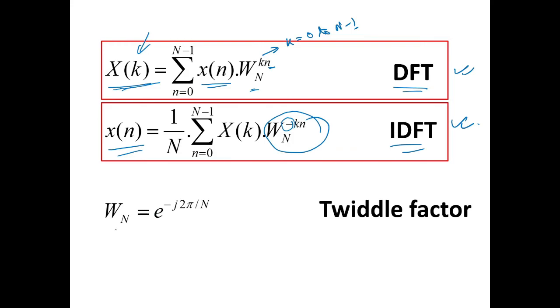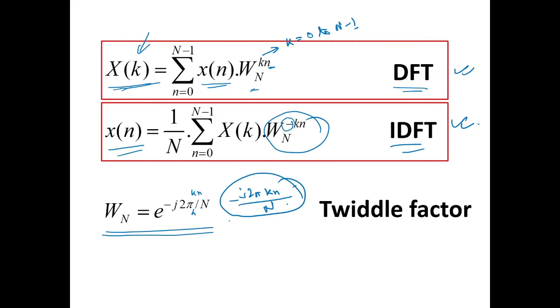And what is this twiddle factor operator? This twiddle factor operator is given by W_N, it is e to the power minus j 2 pi divided by capital N. So if you have this kn over here, basically it is e to the power minus j 2 pi kn divided by N. All this j 2 pi kn is in the numerator.